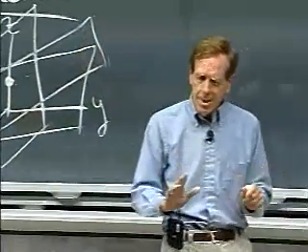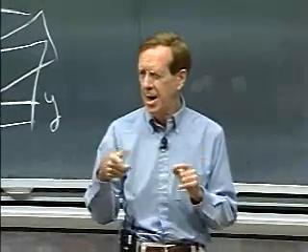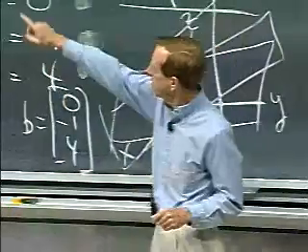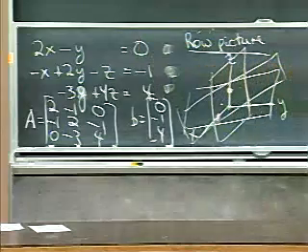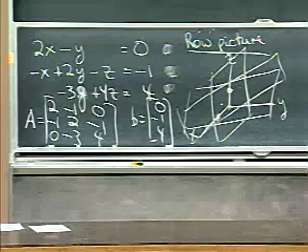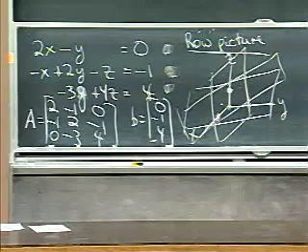But maybe you can see that this row picture is getting a little hard to see. The row picture was a cinch when we looked at 2 lines meeting. When we look at 3 planes meeting, it's not so clear, and in 4 dimensions, probably a little less clear. So, can I quit on the row picture?